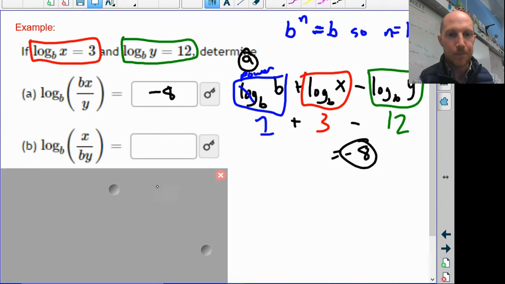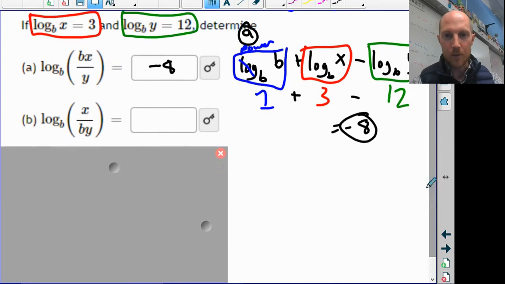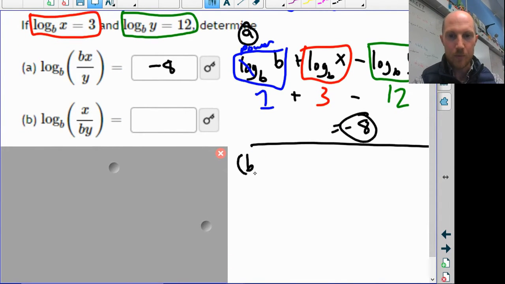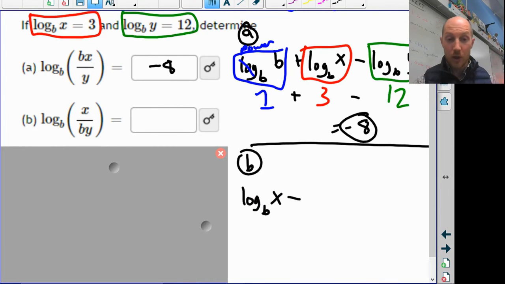Okay. How about B? We'll do that right here. Okay, so again, expand first, and then we can work on what comes next after that. So log base b of x divided by b times y.